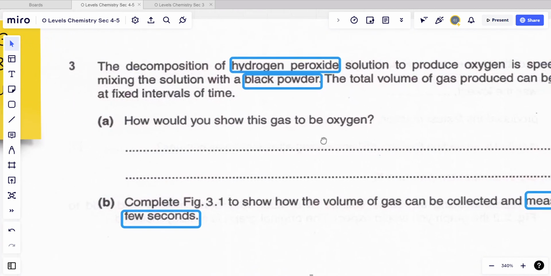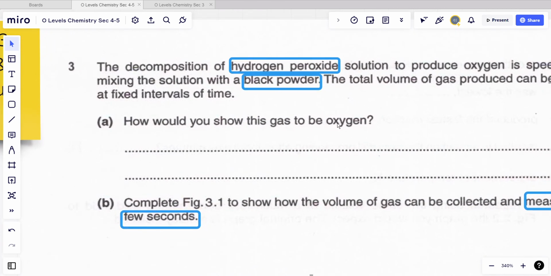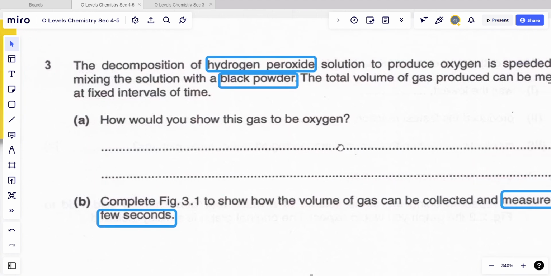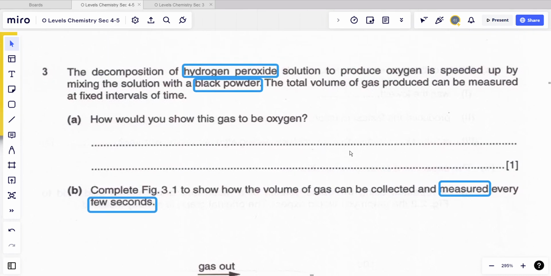Okay, first thing first. Hydrogen peroxide. Somebody tell me, what is it? What's the formula? Anybody know? No? Okay, guys, write down in your notebook. This has come up many times in the past, even though your school may not mention it much.